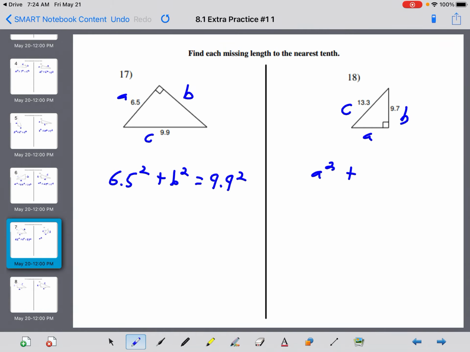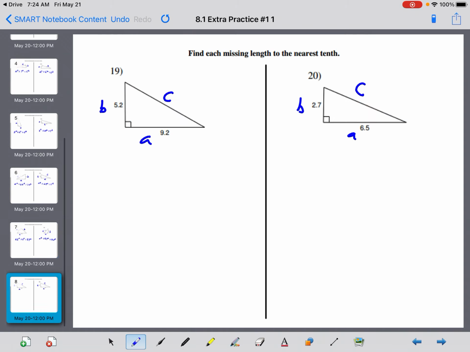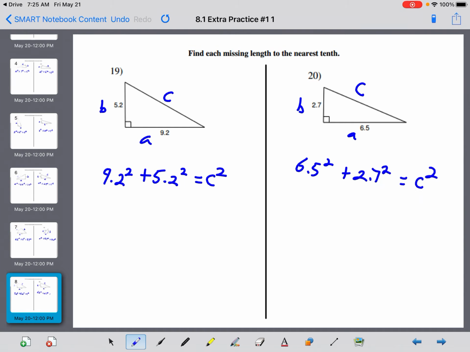Here's a squared plus 9.7 squared equals 13.3 squared. And in your last section, we have 9.2 squared plus 5.2 squared equals c squared. And 6.5 squared plus 2.7 squared equals c squared.